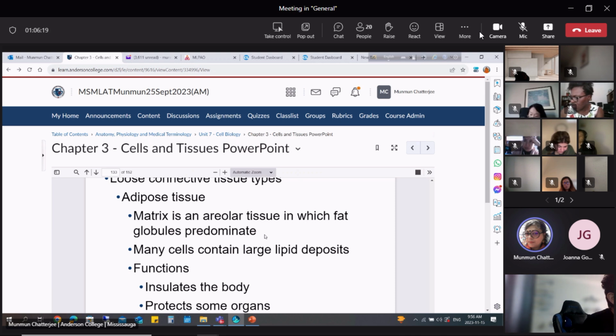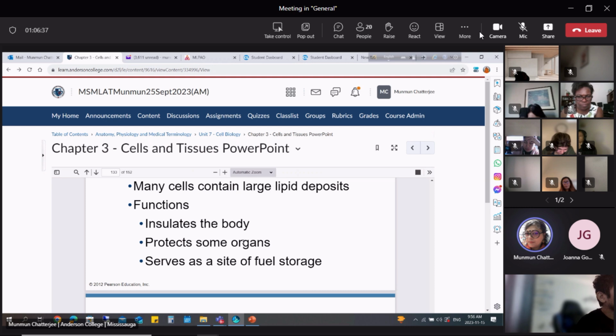Many cells contain large lipid deposits. These extra lipid deposits are taken up by the adipose tissue. So what is the function? The fat insulates the body for temperature regulation. In your body you have adipose tissue because you have fat.